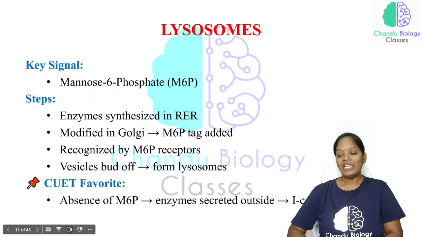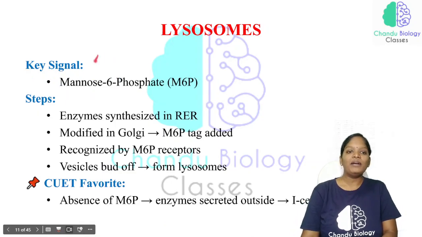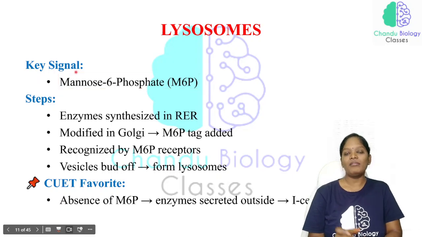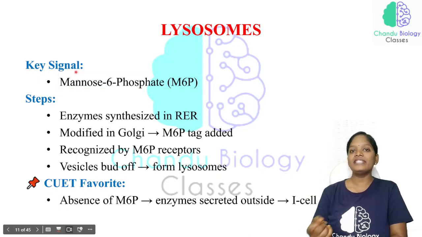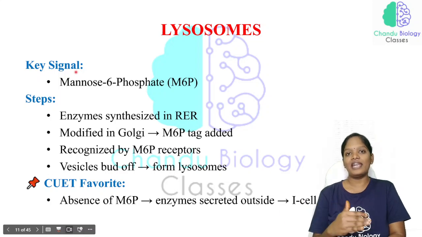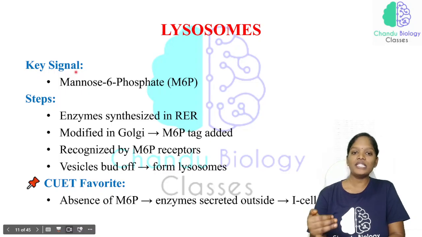Now the very important thing is that mannose 6-phosphate is the signal. See, mannose is a sugar, and at its sixth carbon position a phosphate group is added. So that is mannose 6-phosphate.